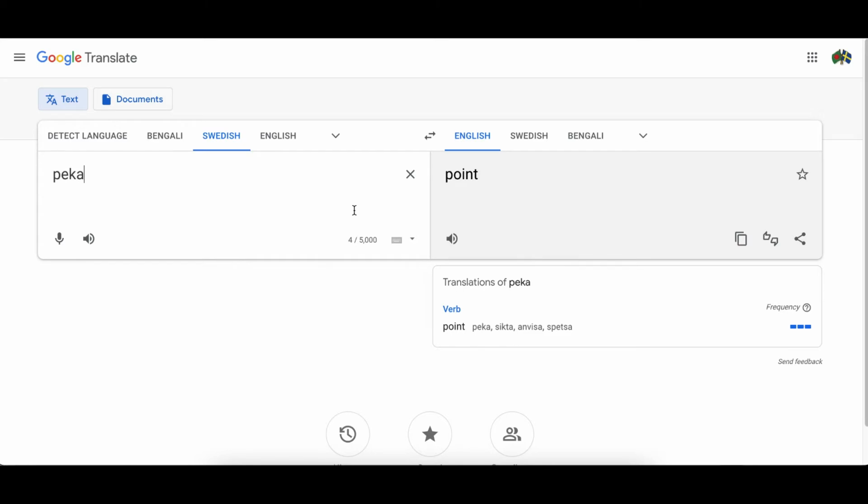So it means when we point to something, for example, there is a house, there is a car, then we say this is a car. Peka means to point to something.